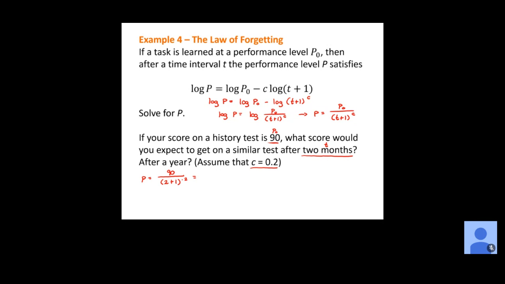And that tells us we get approximately 72.2, so about a 72 if we round to the nearest whole number. In other words, if we made a 90 on a test and we went 2 months without studying anything, assuming that we forget things along the way because we haven't used them, we would expect to get about a 72 on that same test after 2 months.